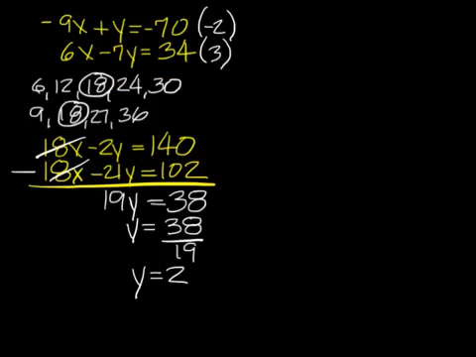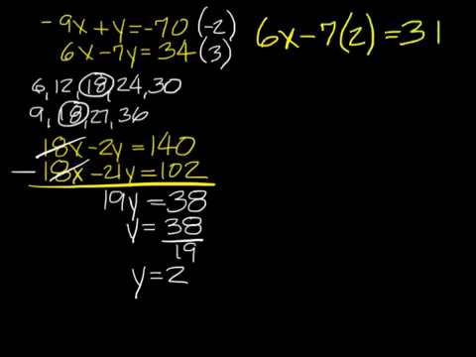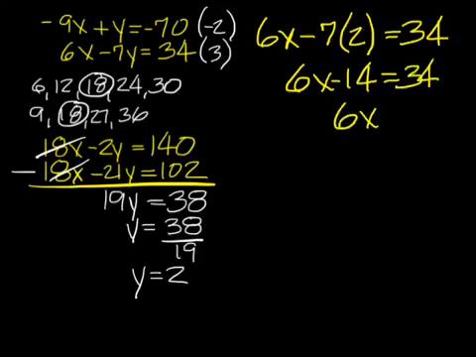We're going to use the second one to solve for x. We found that y equals 2, so we're plugging that into the second equation. So 6x minus 14 equals 34. Move the minus 14 to the right, make it plus 14.